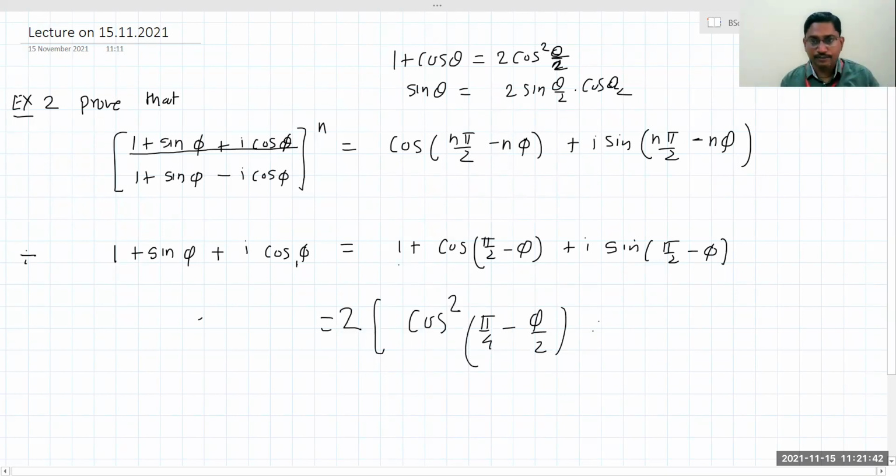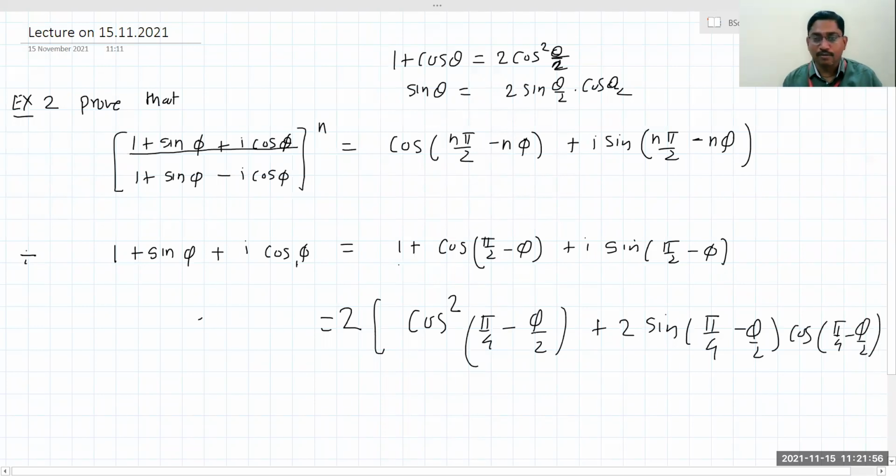I can take 2 common and cos of pi by 4 minus phi upon 2 common.